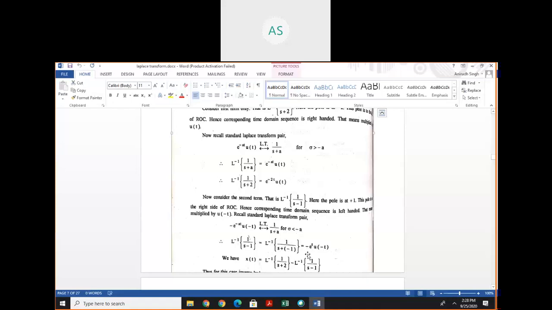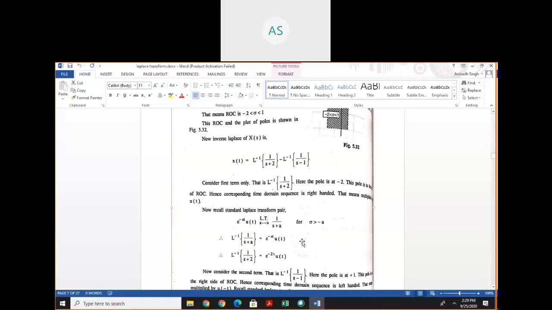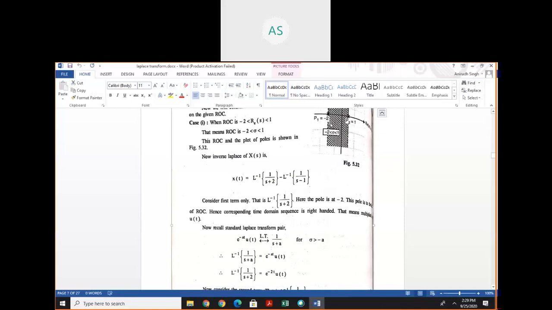In this case, the signal is multiplied by u(-t). So you use the Laplace transform pair: minus e^(-at)u(-t), whose Laplace transform is 1 by (s + a) for sigma less than -a. Then take the inverse Laplace transform of this term, 1 by (s + a).